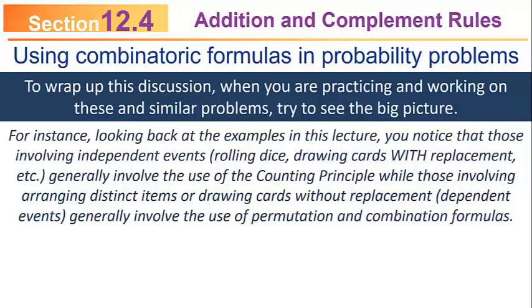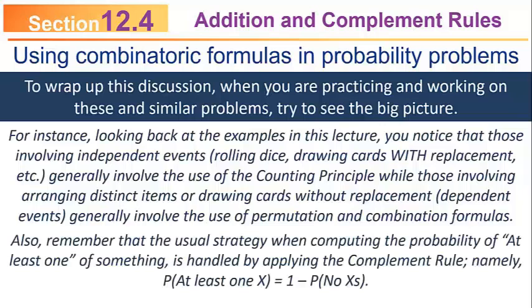And that simply doesn't apply when you're drawing with replacement or rolling dice. That's the first thing. You need to notice when you're reading the problem, is it an independent event, rolling dice, drawing with replacement, or is it a dependent event? If it's a dependent event, when you're drawing cards from a deck and not putting them back, generally you'll be able to count using your combination formulas. So that's one big picture item.